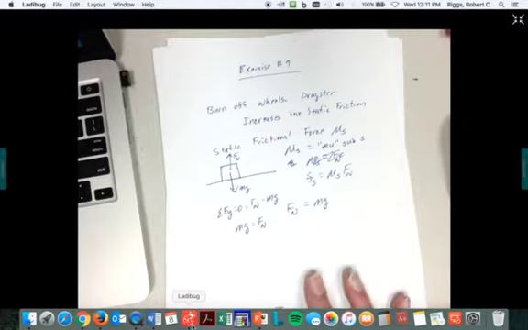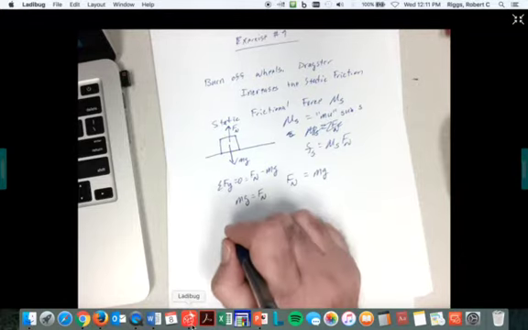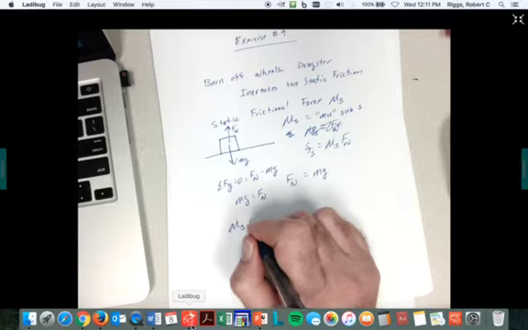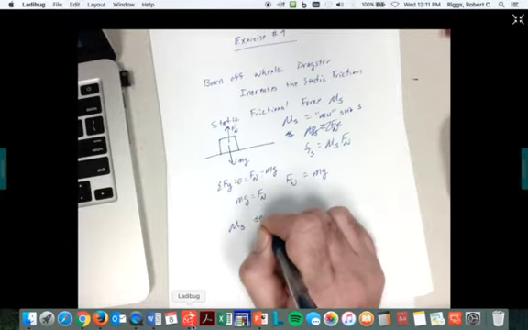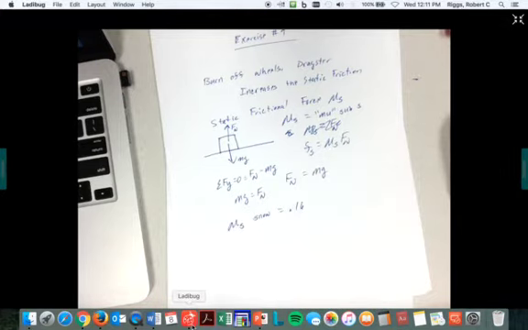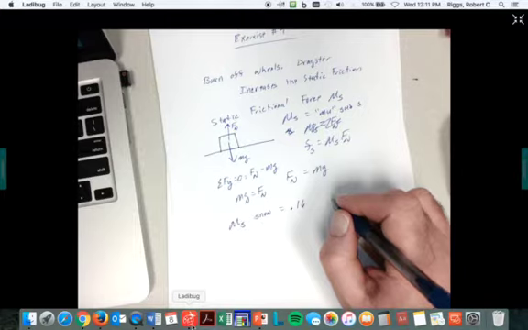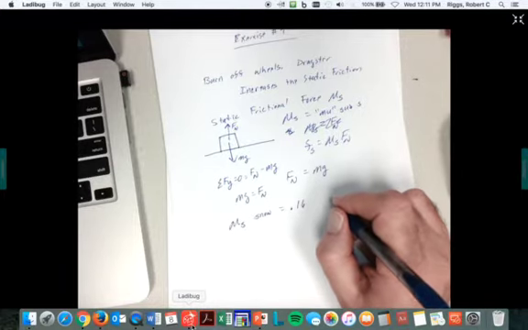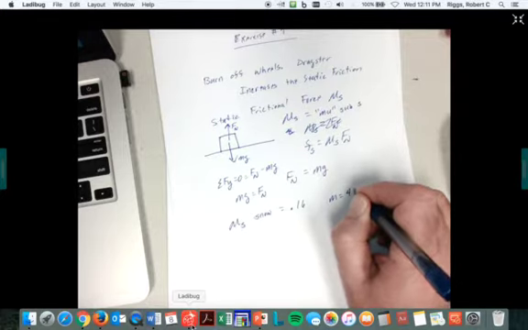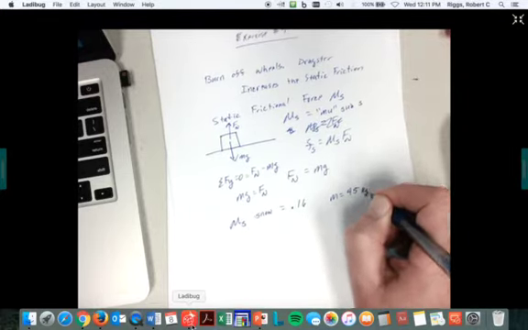So example. Let's say the coefficient of static friction for snow is 0.16. And it's just a number. It doesn't have units. Let's say a human has a mass of 45 kilograms, standing on the snow.